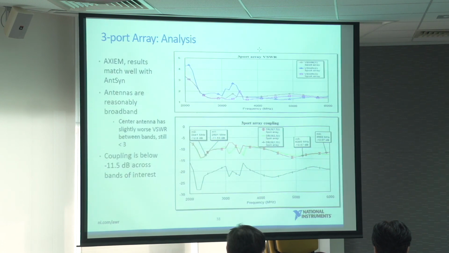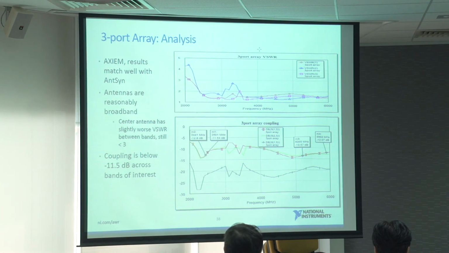the Axiom results matched well with Anson and showed similar coupling below minus 11.5 dB, and our VSWR is still good. The center antenna is a little bit worse, and that's in between bands.